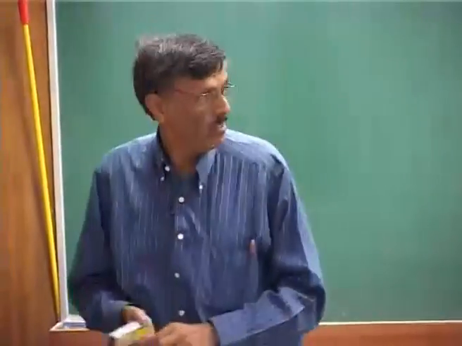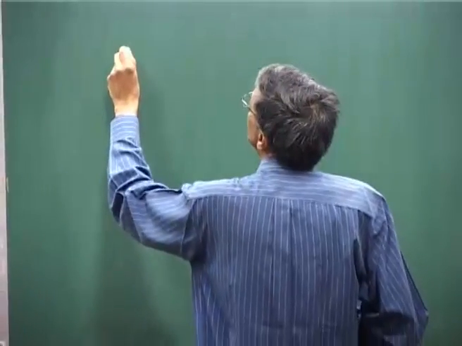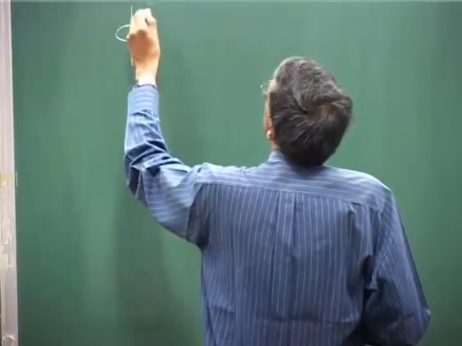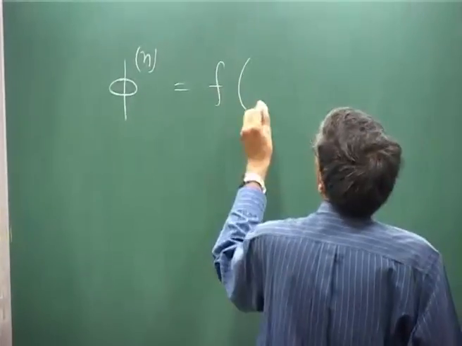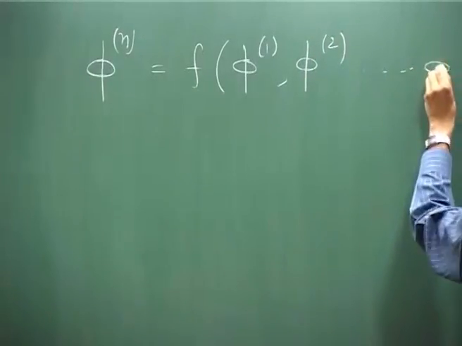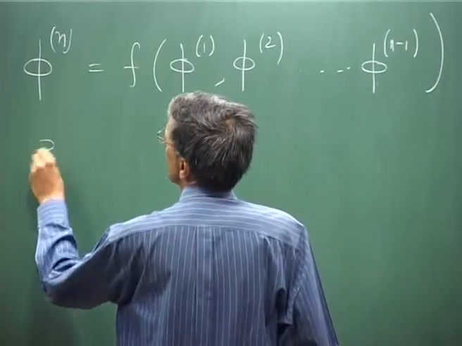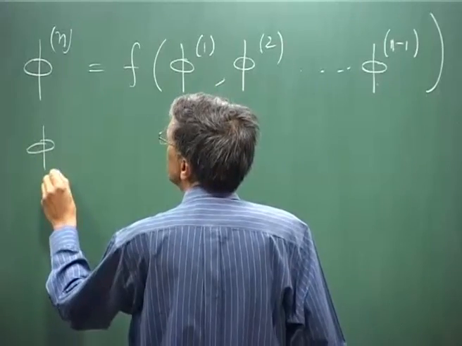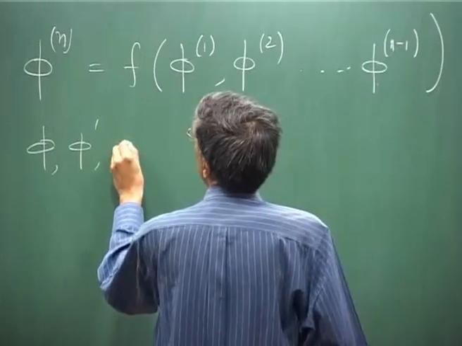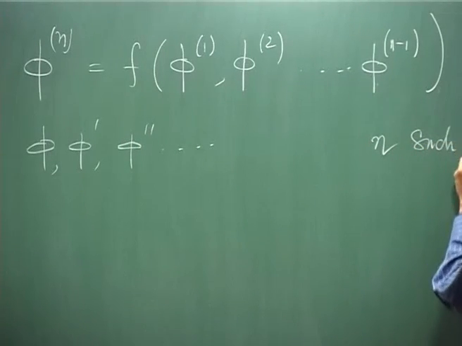If you look at it this way, suppose we are looking at some kind of differential equation like what we have written there, say phi n is a function of all kinds of derivatives all the way up to this order, and you are probably prescribing a set of conditions, say phi prime, phi double prime, etc. You would have n such conditions, right?